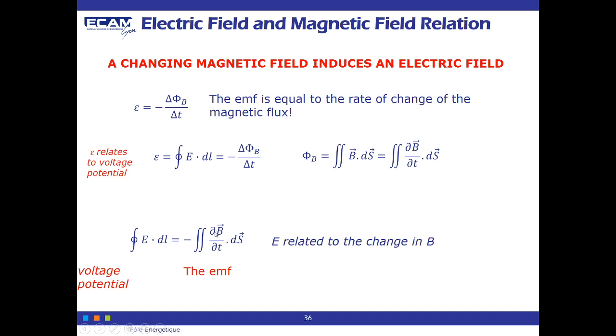But here, what is very interesting is that you should partially derive the magnetic flux density with respect to time. This is because Faraday's law mentions again, remember the switching.